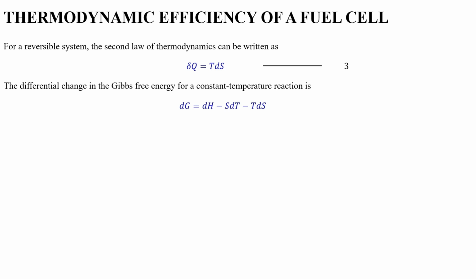But we are talking about a constant temperature process, so dT will be 0, and we can write dG = dH − TdS. This is the differential change in Gibbs free energy for a constant temperature reaction.